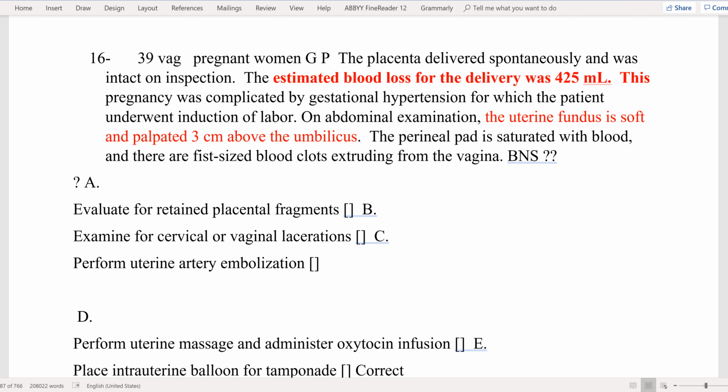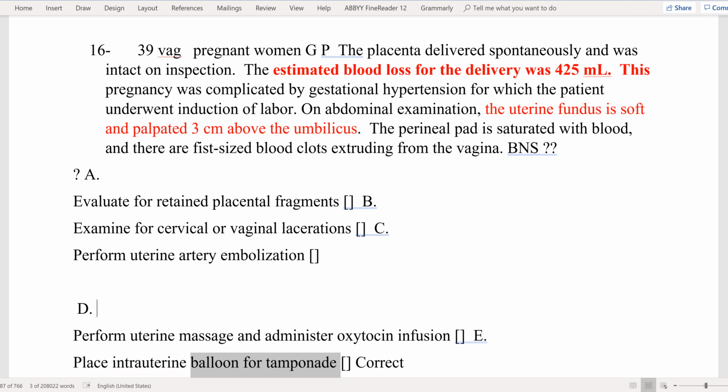If that didn't work, you give her methylergonovine, carboprost, misoprostol. If that didn't work, you give intrauterine balloon tamponade, like this option. If that didn't work, then you do uterine artery embolization.